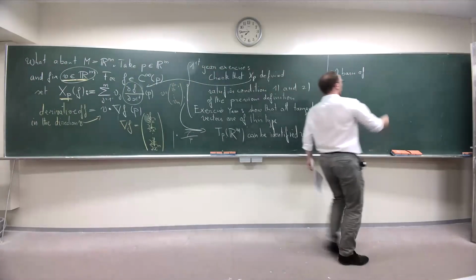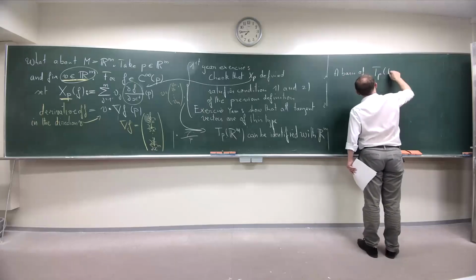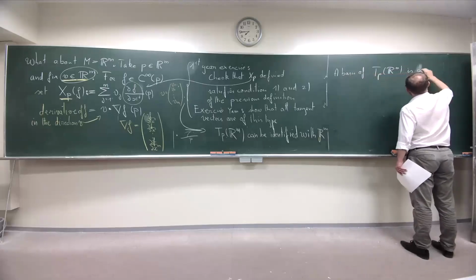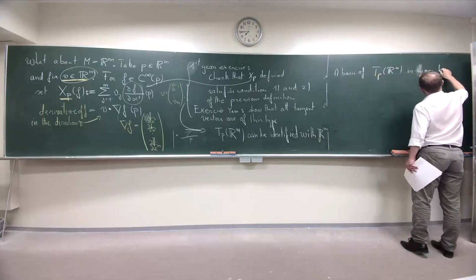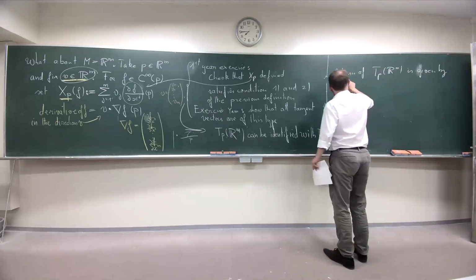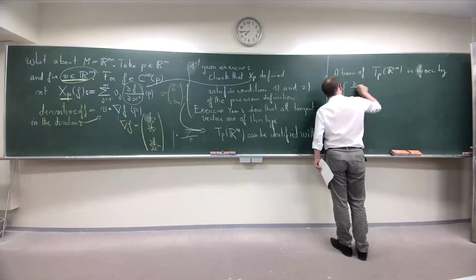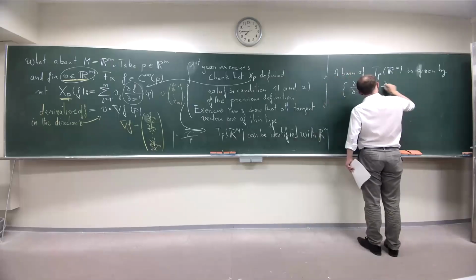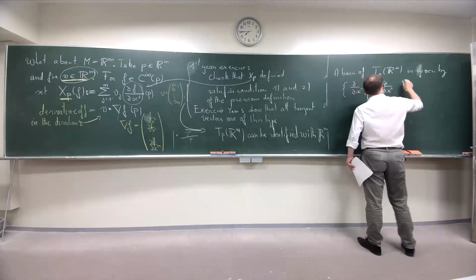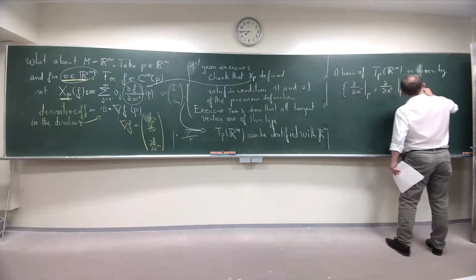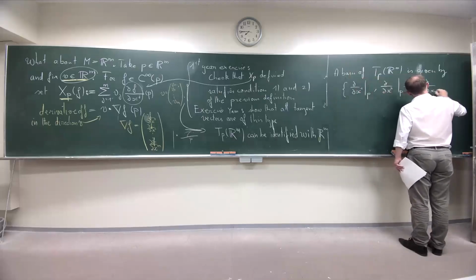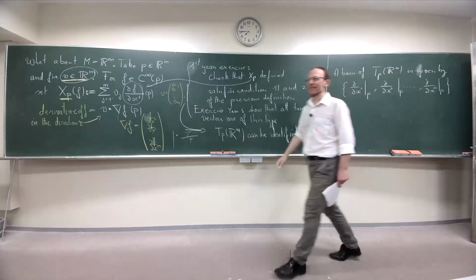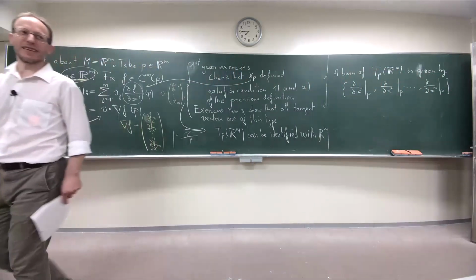So a basis of T_p of R^m is given by the set of d over dx1 evaluated at p, d over dx2 evaluated at p, up to d over dxm evaluated at p. I know the first time you see it, it looks very, very strange.